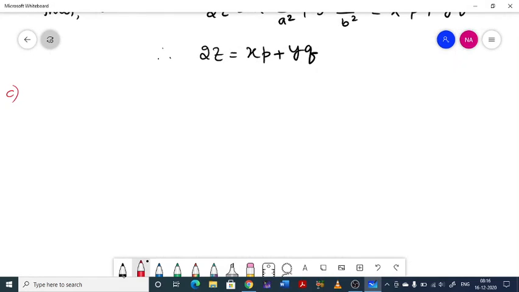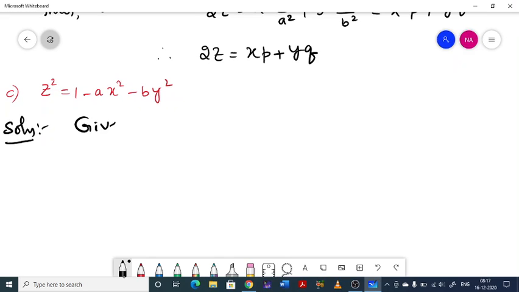z square equal to 1 minus a x square, sorry, 1 minus ax square minus by square. Solution: given z square equal to 1 minus ax square minus by square.